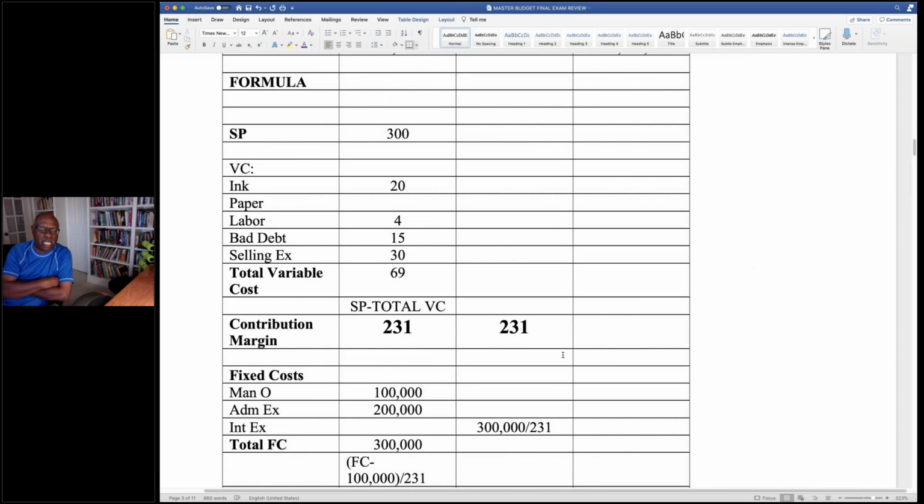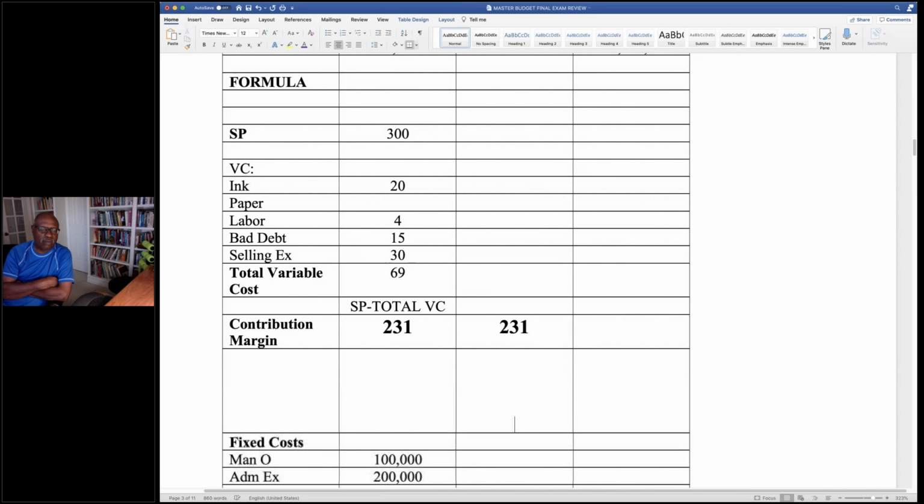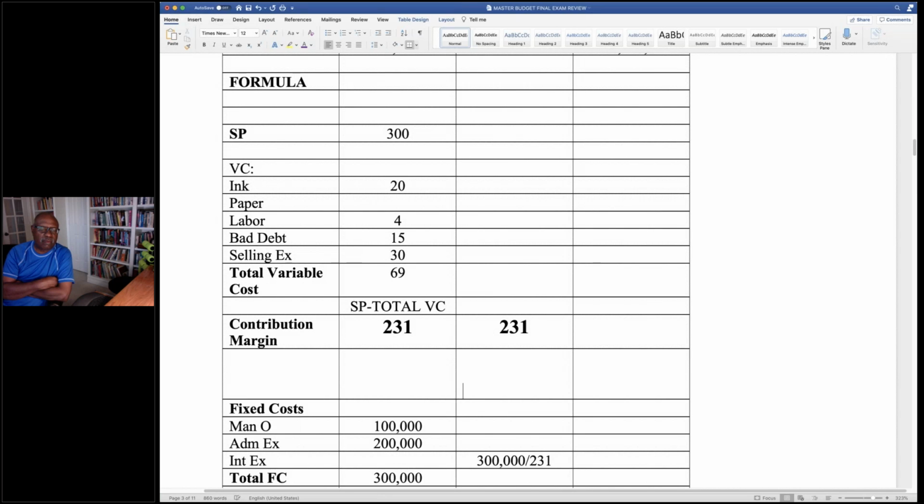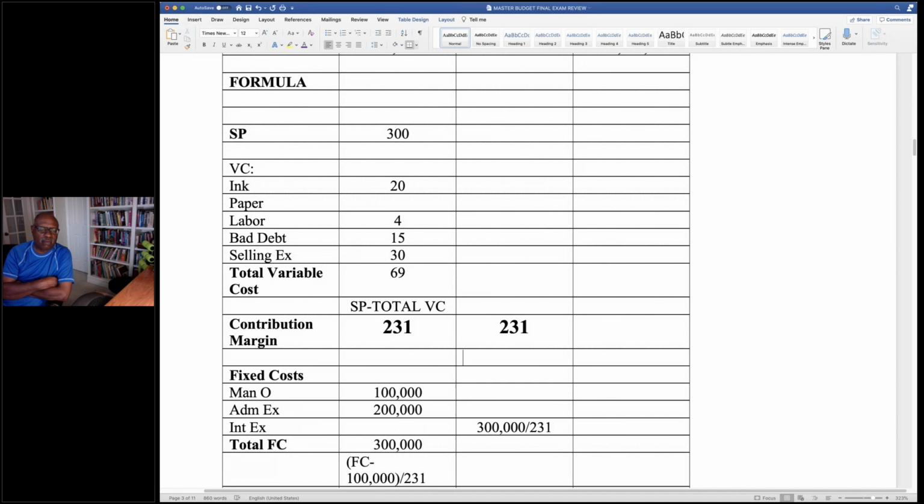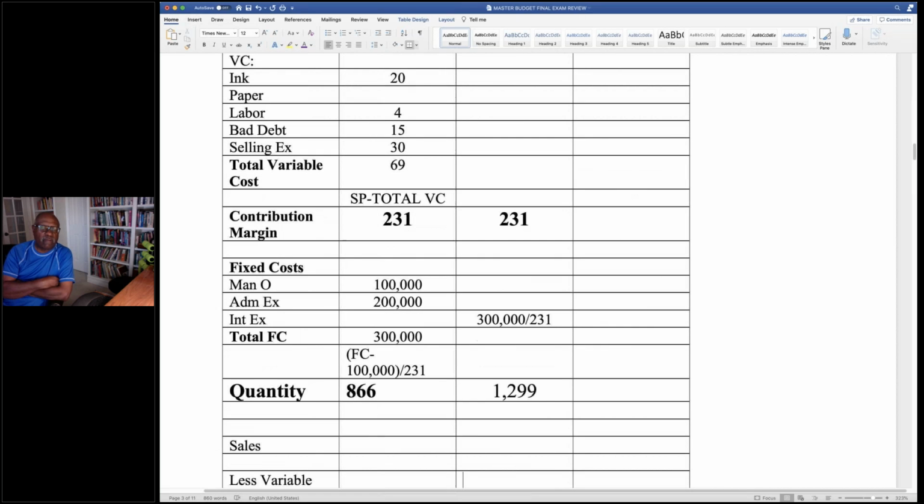How do we get 1,299? 300,000 divided by 231. So the fixed cost of 300, we simply divided by the contribution margin, and we got 1,299, or about 1,300. So when you take 10%, the first quarter of that next year is going to be 130. Does everyone see that now? Yes. Okay. I expect you to see it tomorrow.